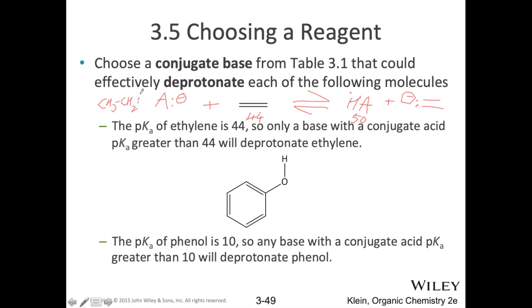We need that resulting carbanion as an example of our base that would be strong enough to deprotonate this. Okay, so yeah. So again, that's kind of how you would process that. You just need a pKa that's greater. You need a conjugate of an acid that has a pKa greater than whatever you're looking for.